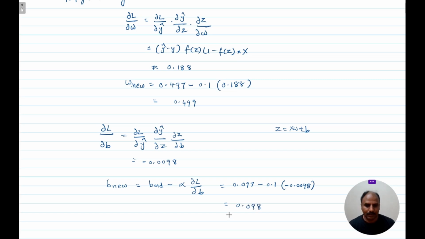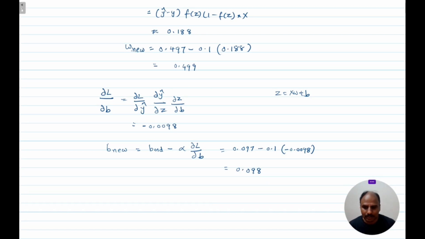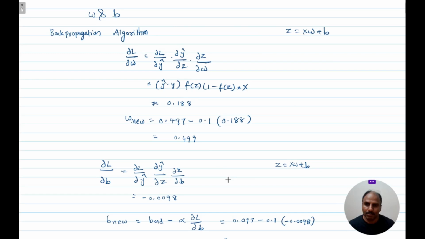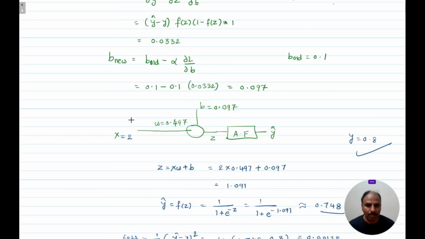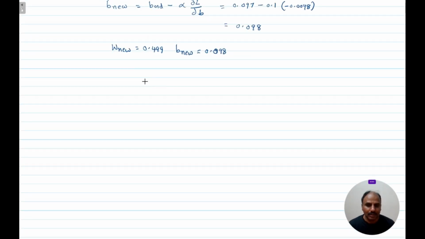So now w new is 0.499 and b new is 0.098. Okay. So this is complete one epoch, because both of the two inputs x we have completed with updated weights.